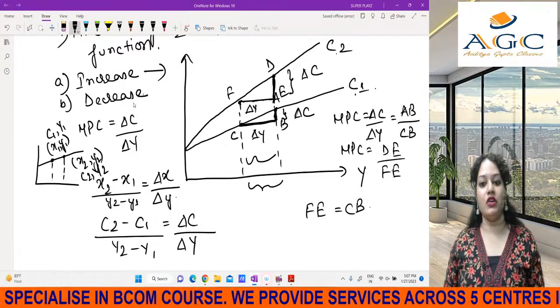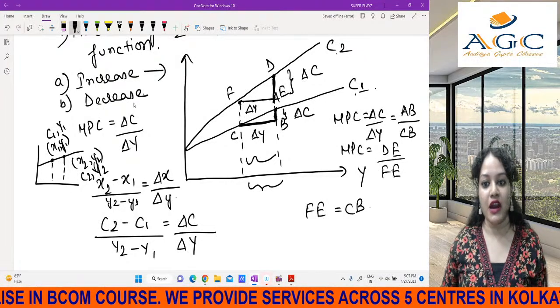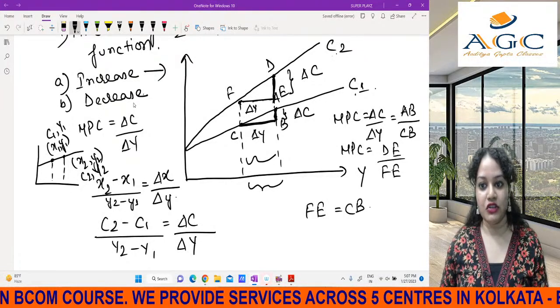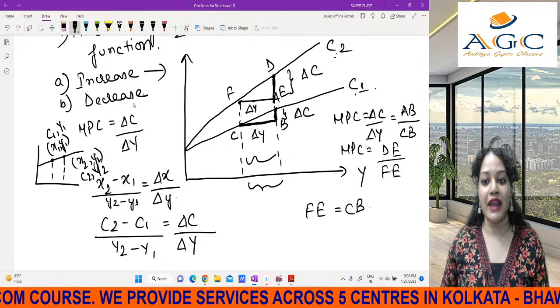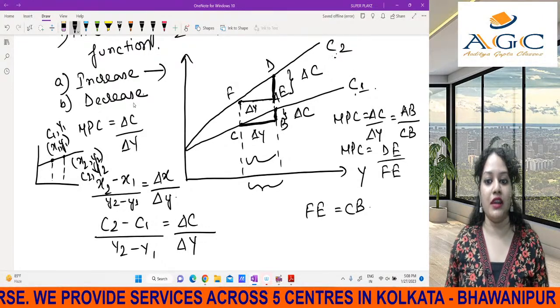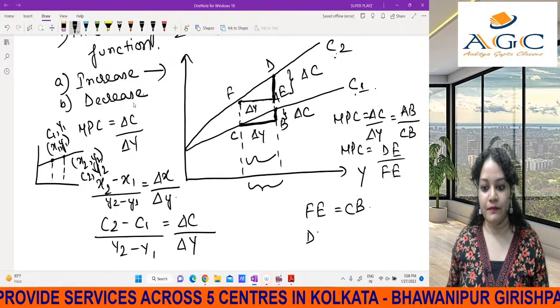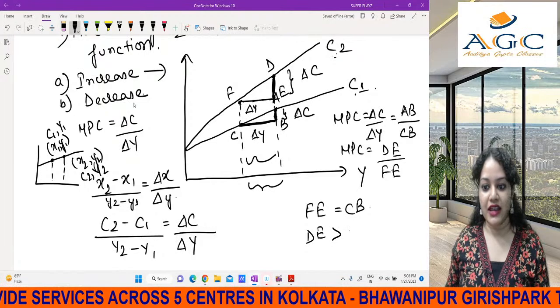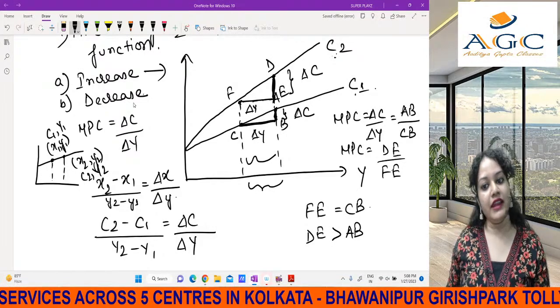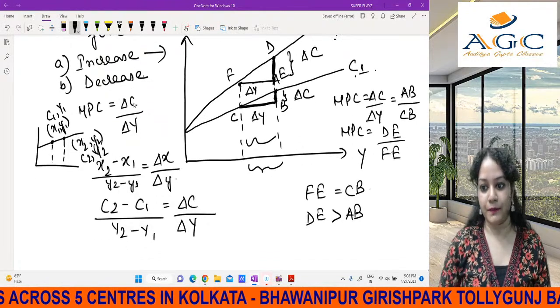You have to draw the diagram in such a way that when you are talking about the increase, your C2 line should have a greater value of delta C than your C1 line. And here you can see that your DE is greater than your AB, right?